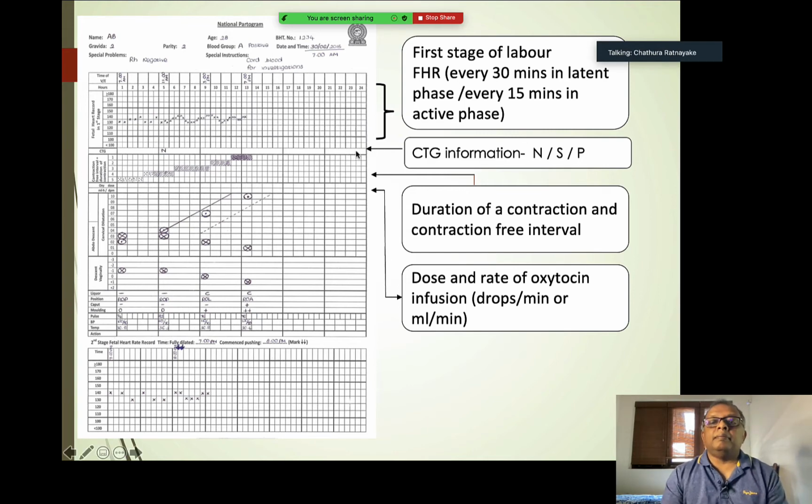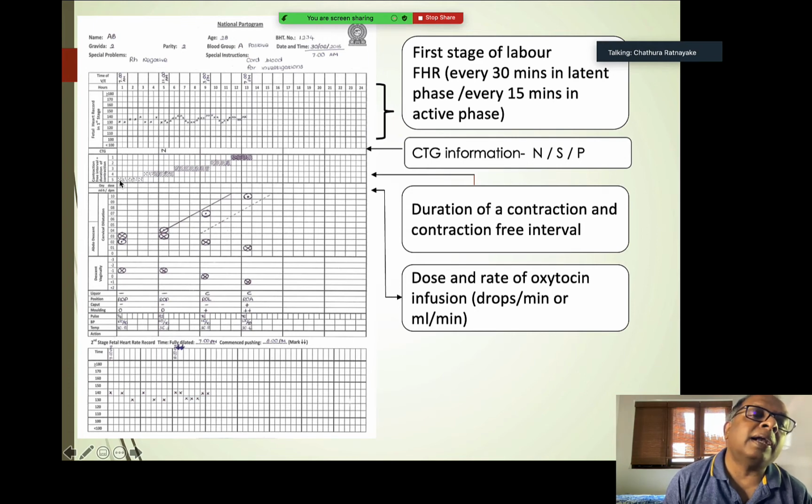And then this column gives the CTG information, and this is the time duration of the contraction. The duration of the contraction can be marked in minutes.